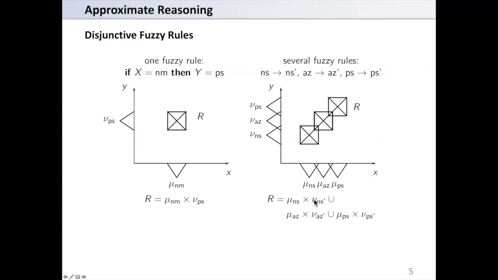For each Cartesian product, we take the union of them to obtain the relation. So the union of these relations corresponding to each rule corresponds to the collection of several rules.